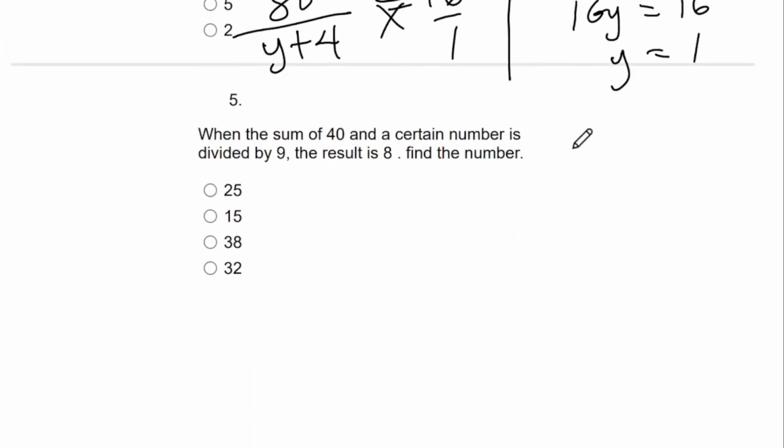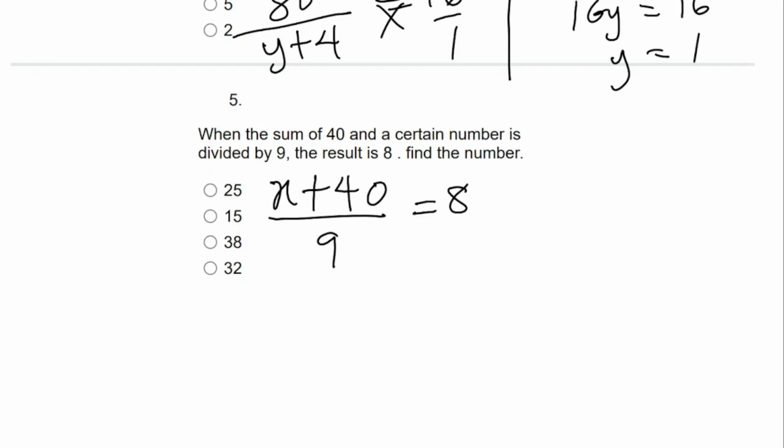Then the last question we have here. When the sum of 40 and a certain number is divided by 9, let that certain number be x, the sum of 40 and it, x plus 40, is divided by 9, and the result is equal to 8.